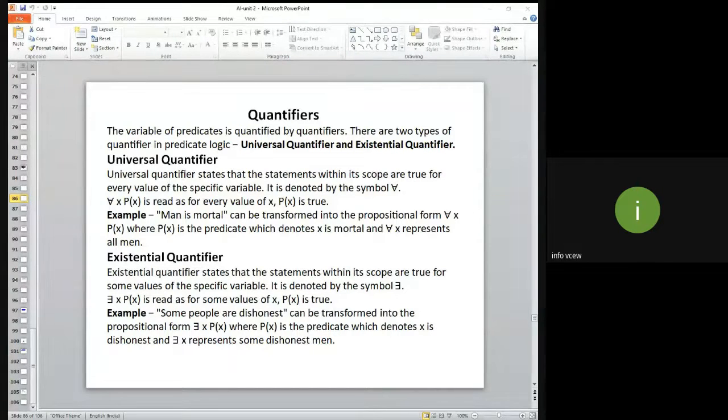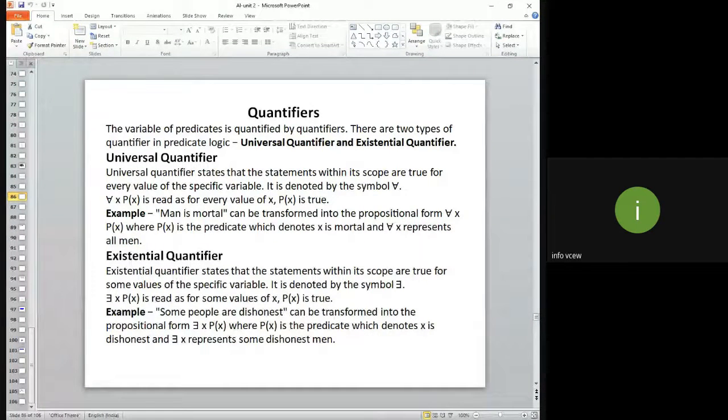The same concept is used here. Universal quantifier, for all, means for the same statement, Priyadashini is a student. So for all x, P of x.